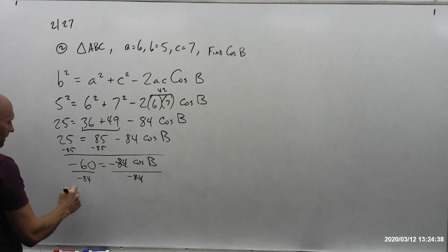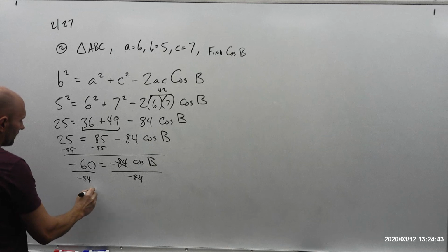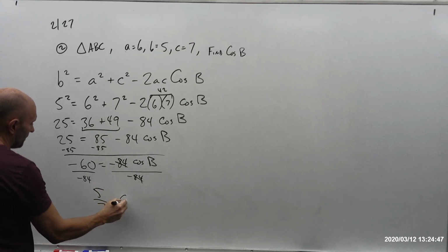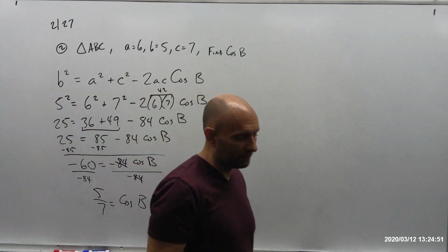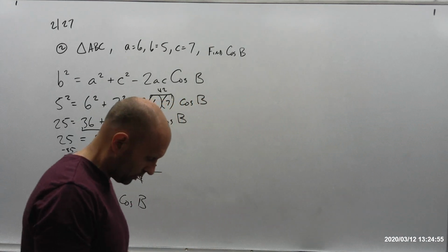Negative over negative is positive. Both of these have factors of 12, so 60 divided by 12 is 5, 84 divided by 12 is 7. Therefore, cosine of B is positive 5/7. So that's our answer to number 2.